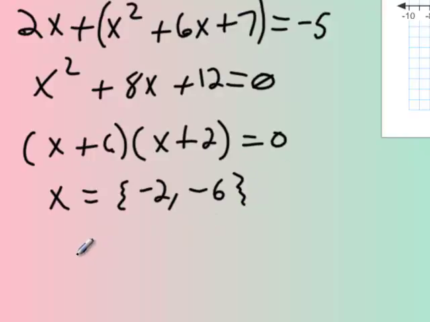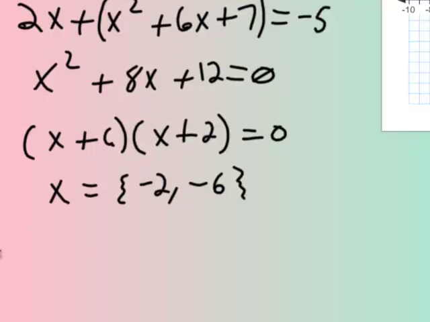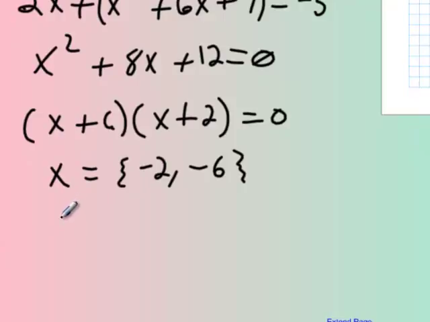Now that I have the x values of my solutions, I'm going to go forth and solve for my y's, for the coordinates. So I'm going to just substitute these into either one of the original equations. It doesn't matter which. The linear one will probably be the easier one to do, so I'll do that.